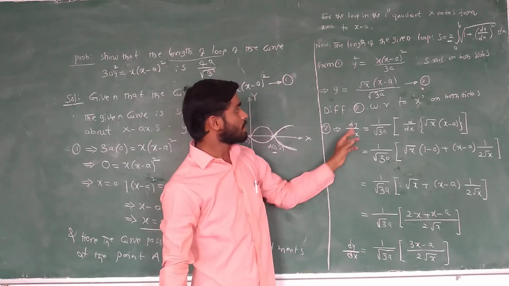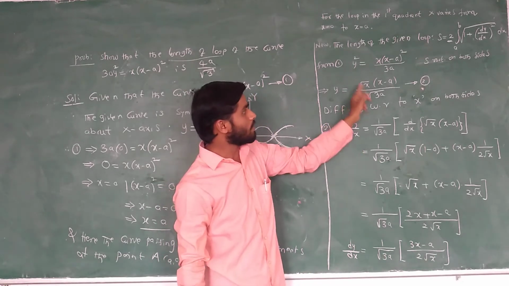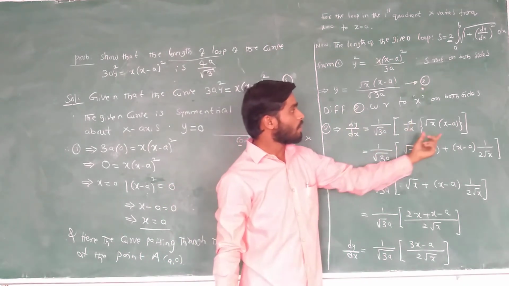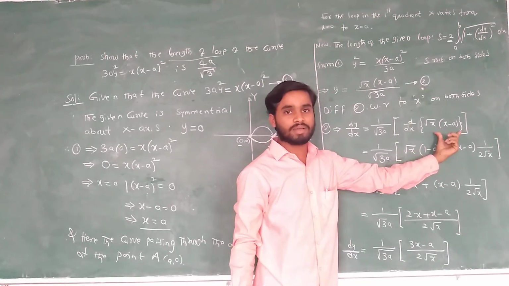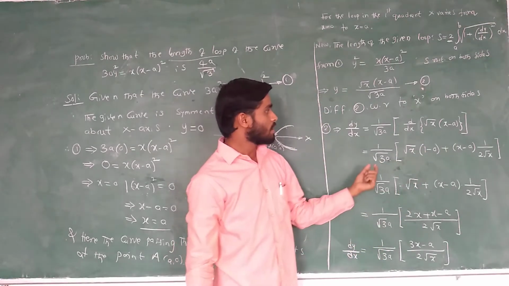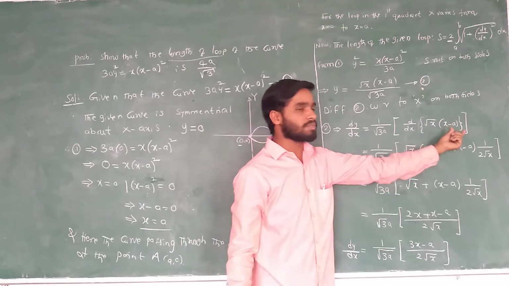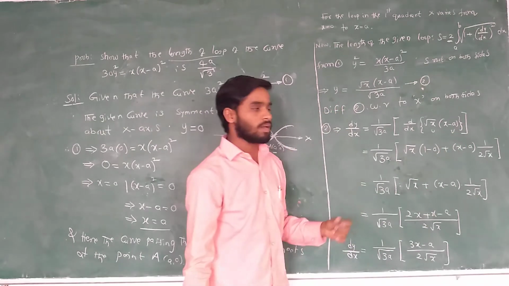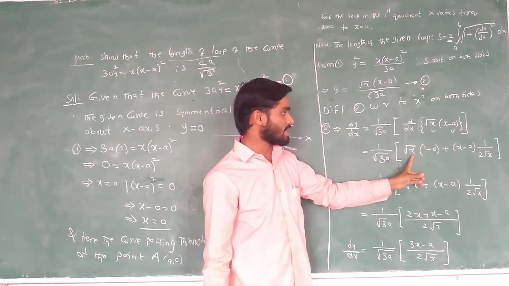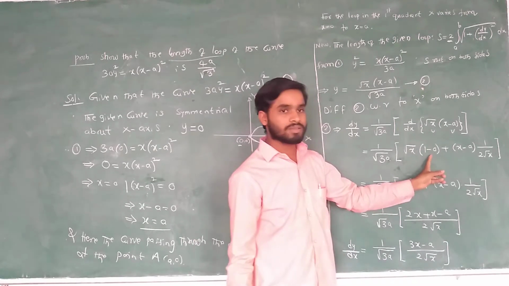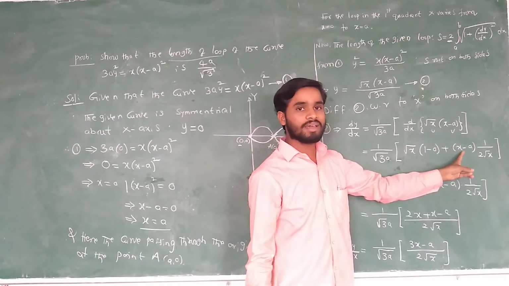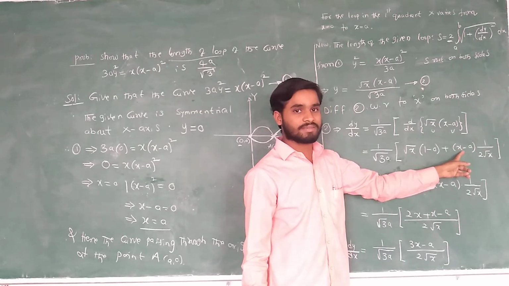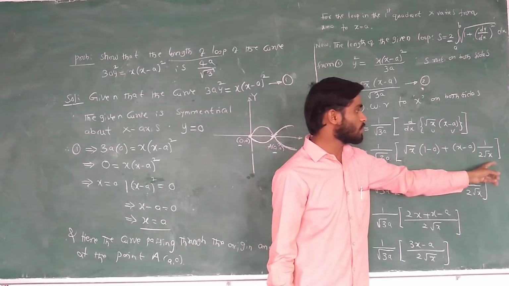You will get dy/dx = 1/√(3a), the constant taken outside, times d/dx of the remaining function, that is √x (x − a). To get the differentiation of √x (x − a), take this as u and this as v, in the u v' plus v u' format. u is as it is, v' is 1 − 0, plus v = x − a, and the derivative of u = √x is 1/(2√x).